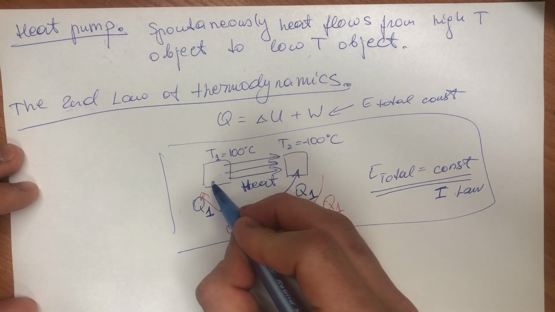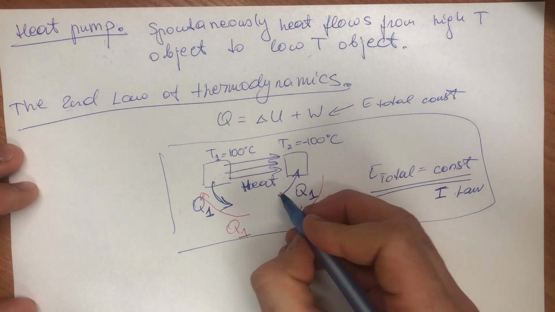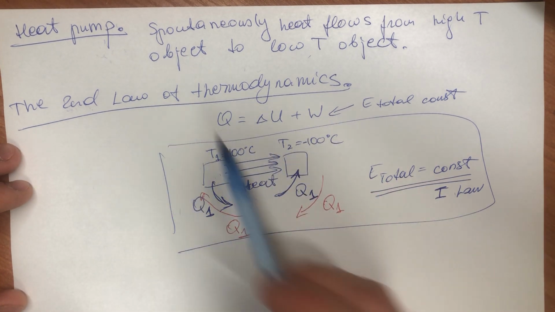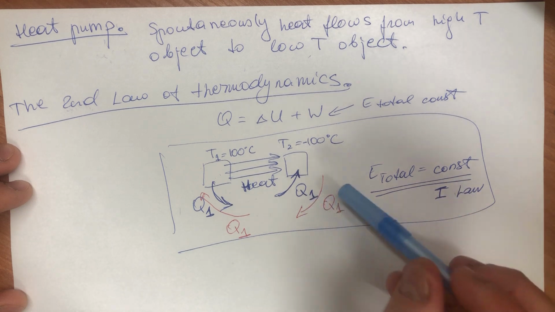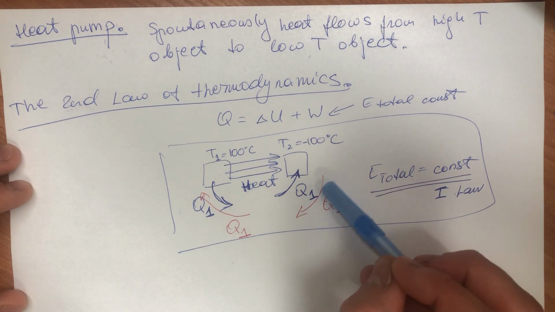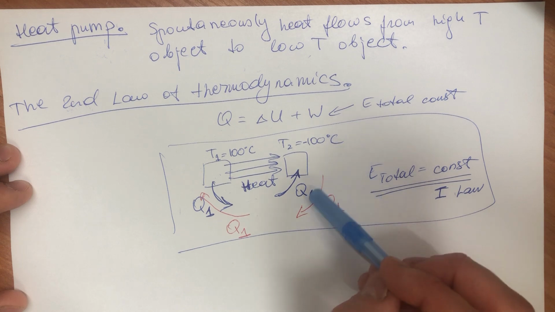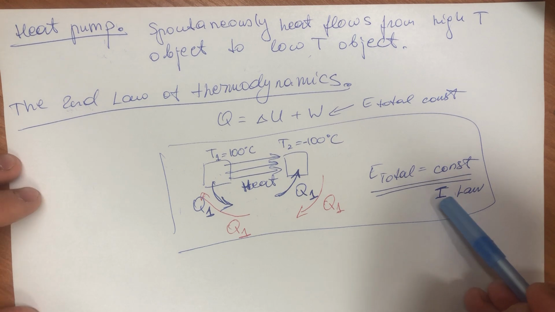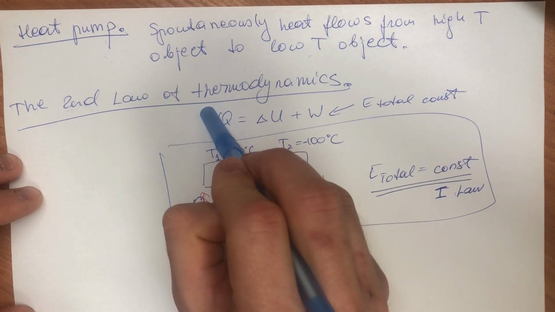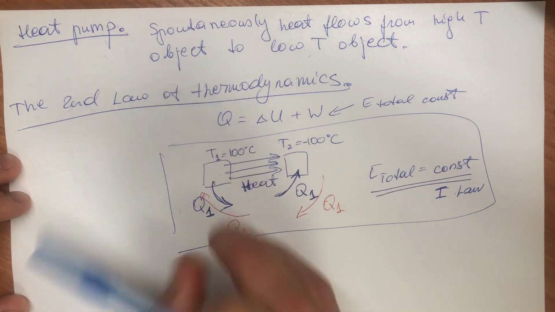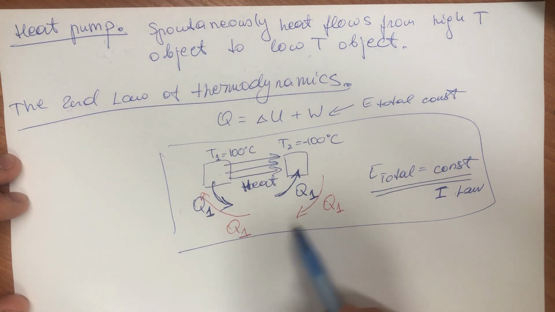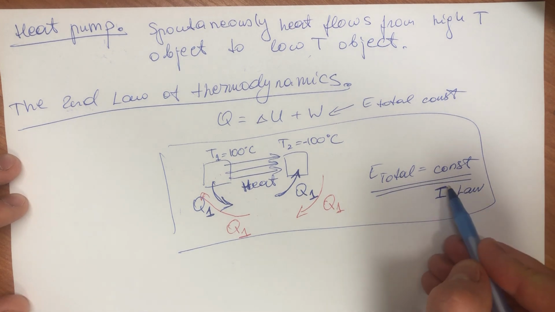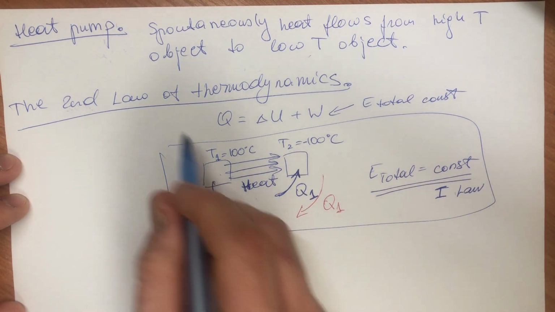Spontaneously, heat always goes from a high temperature body to a low temperature body. This we know, and this is what the second law of thermodynamics says. But heat going from a low temperature body to a high temperature body is not against the first law of thermodynamics; it's against the second law. You see that in blue or red, energy is conserved, in agreement with the first law, but red is in disagreement with the second law.